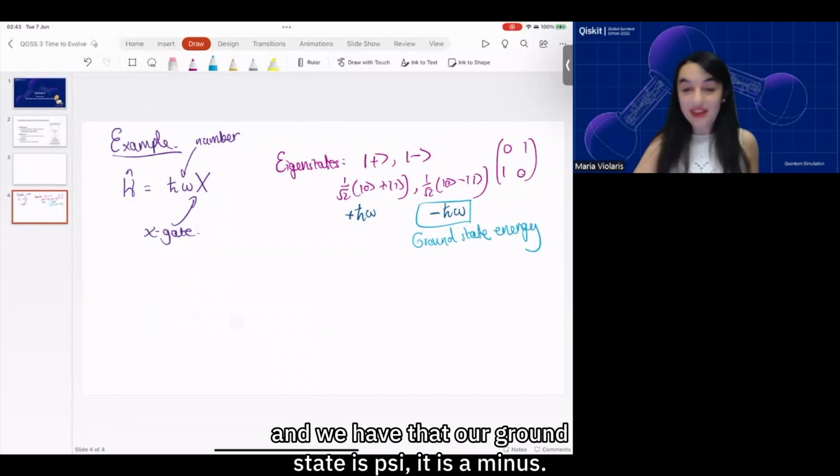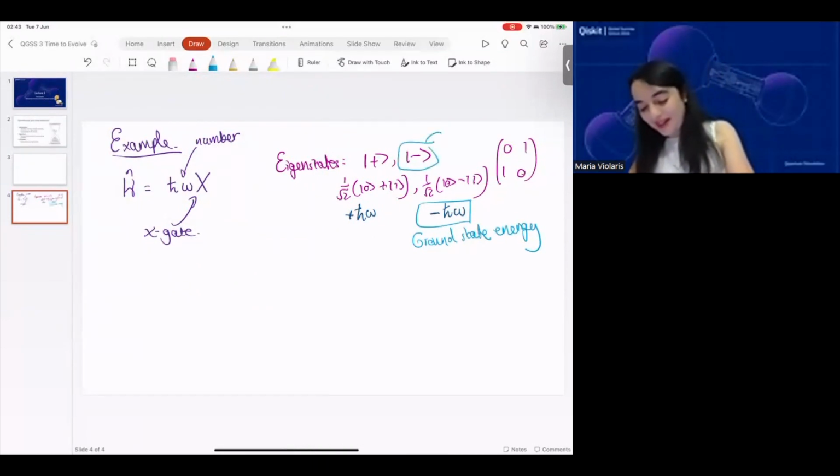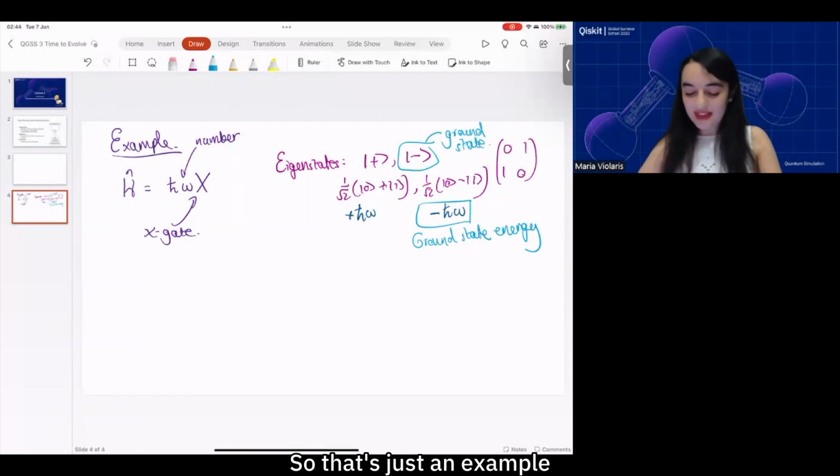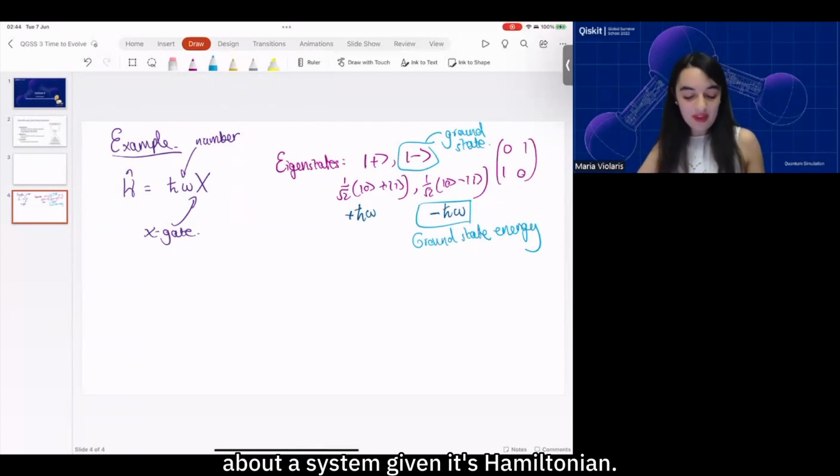And we have that our ground state is psi, it is a minus. So that's just an example of how you can start working things out about a system given its Hamiltonian.